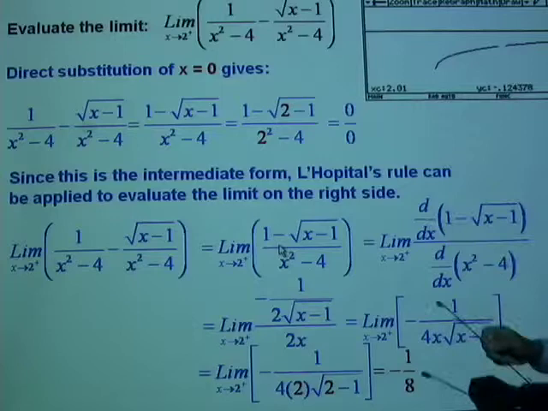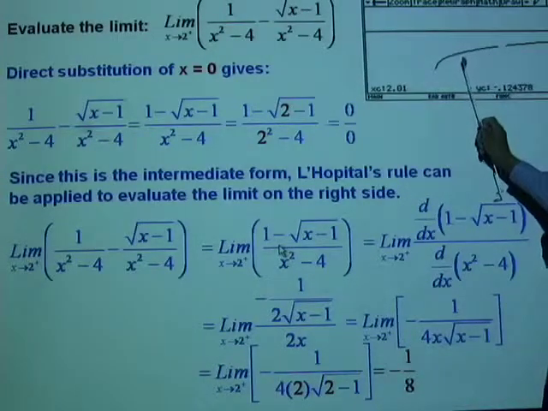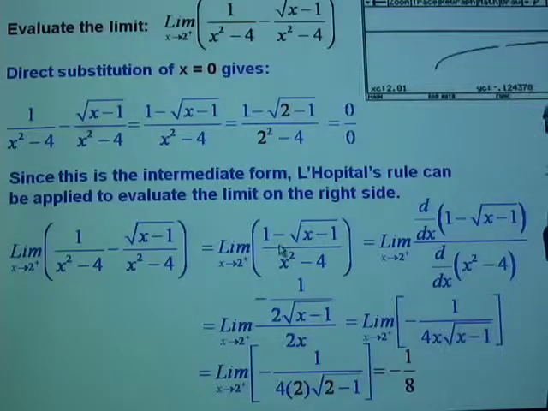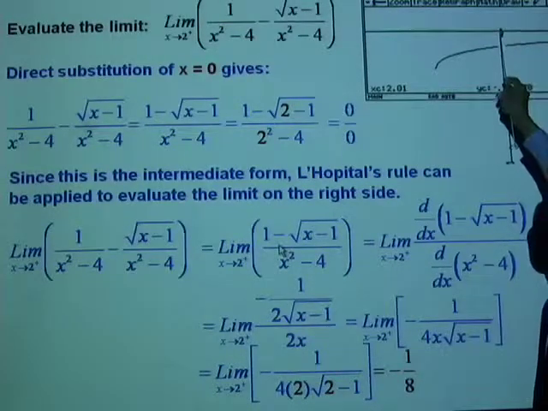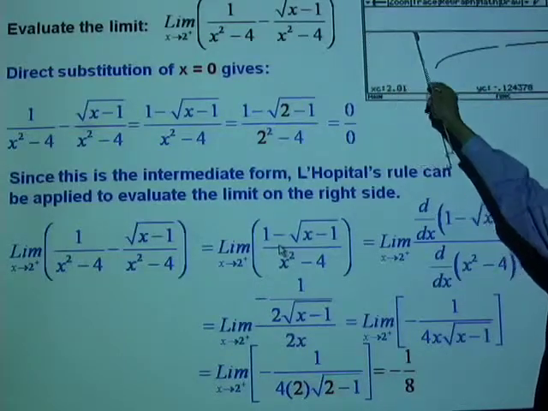And look at that graph. You can see x approaches 2 from the right. As x approaches 2 from the right, I have drawn this graph. So this is x equal to 1, x equal to 3, x equal to 2, x equal to 1, x equal to 0. That's the origin.